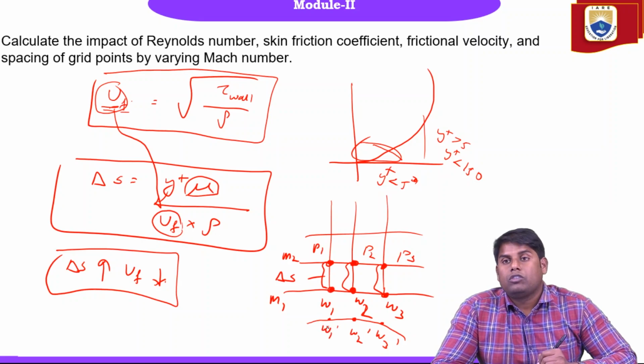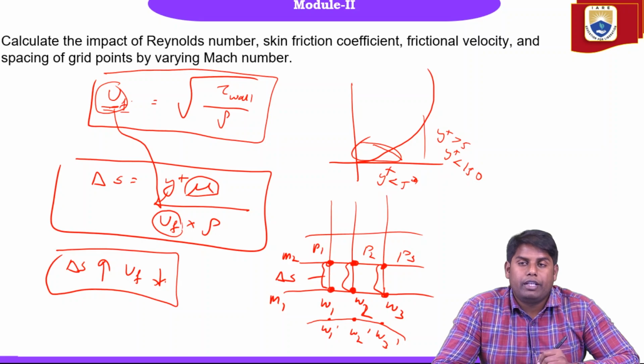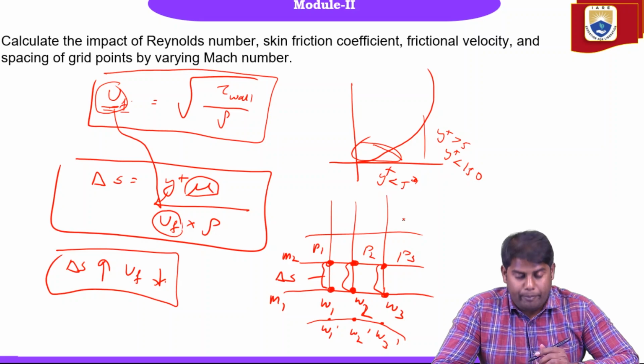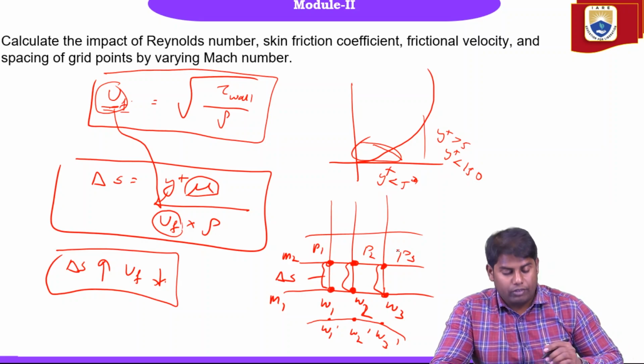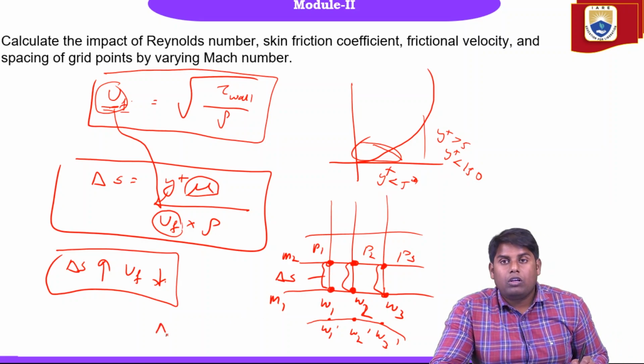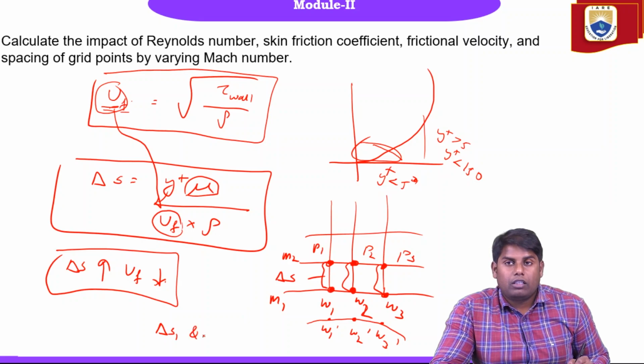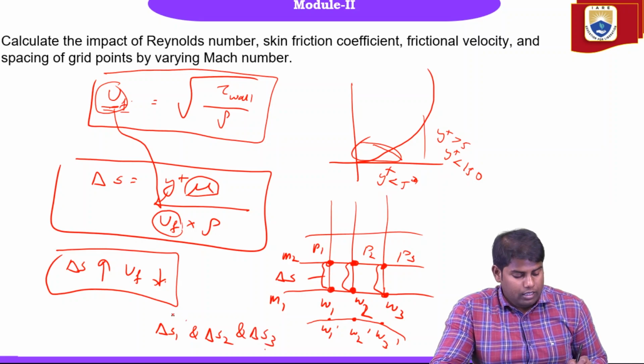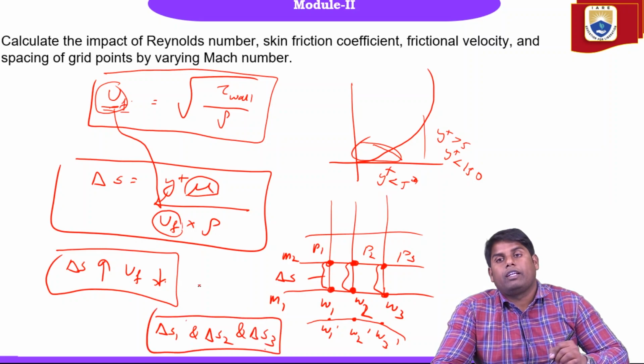So you can see that the apparent changes will happen, and delta S1, delta S2 and delta S3 are not equal actually.